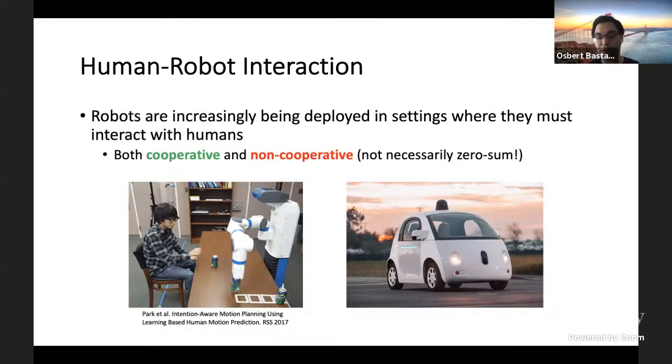For example, in self-driving cars, which is going to be a running example throughout the talk, the robot car has to interact with the other human drivers on the road and pedestrians and so on, who have different goals than the self-driving car. But it's also not a zero-sum game because they all have a high priority for not causing an accident.